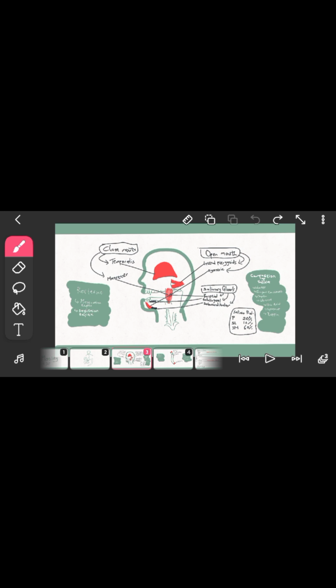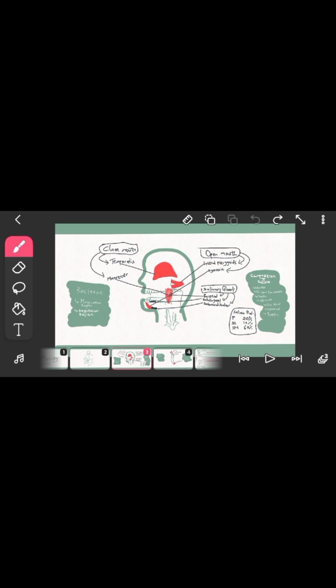We have the extrinsic and the intrinsic salivary glands. Now, the intrinsic salivary glands don't produce much saliva, while the extrinsic salivary glands produce 90% of saliva. These extrinsic salivary glands are the parotid glands, the sublingual glands, and the submandibular glands. And I showed their division here, so make sure you go through it.